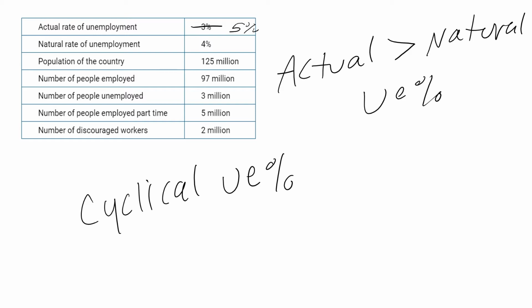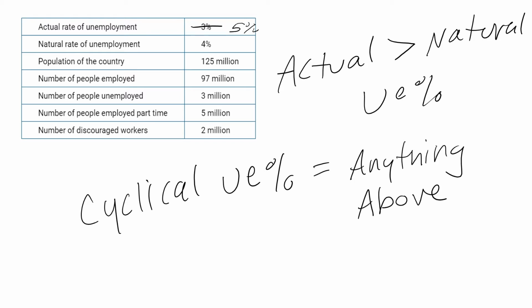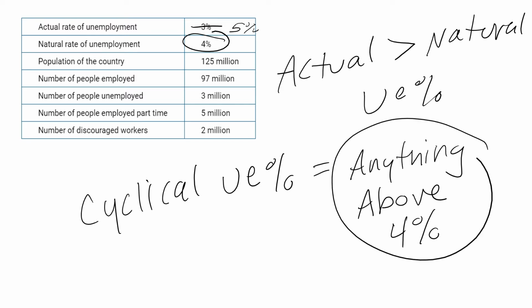So we'll say cyclical is equal to anything above, in this case, we're going to say 4%, right? Because remember that 4% is our natural rate. So anything above 4%, we're just going to say, okay, that's our cyclical unemployment.